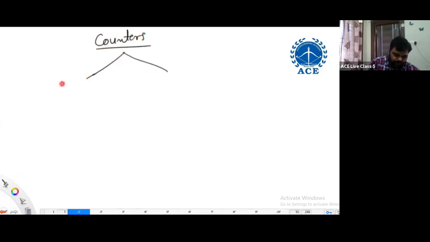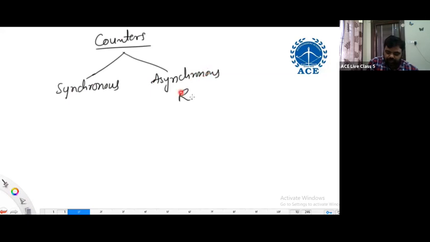One is synchronous counters, the other is asynchronous counters. Another name for asynchronous counters is ripple counters. Synchronous and asynchronous.